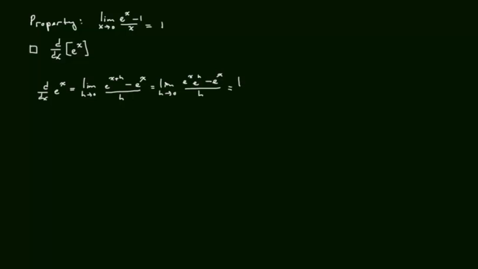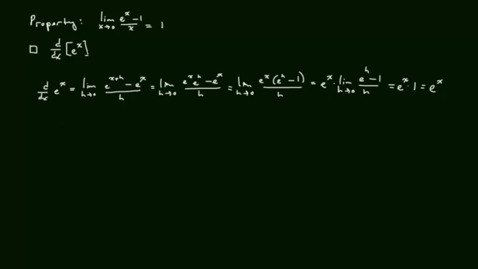Now I'm going to factor out an e to the x, which leaves e to the h minus 1 over h, giving e to the x times the limit as h goes to 0 of (e to the h minus 1) over h. The property we assumed in the beginning says that limit is equal to 1, so the result is e to the x. Crazy, right?